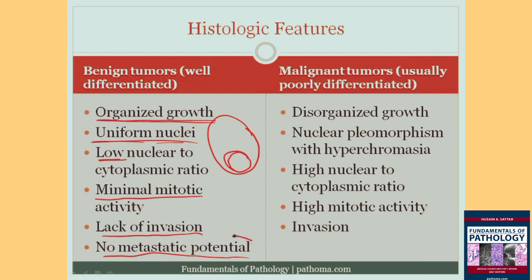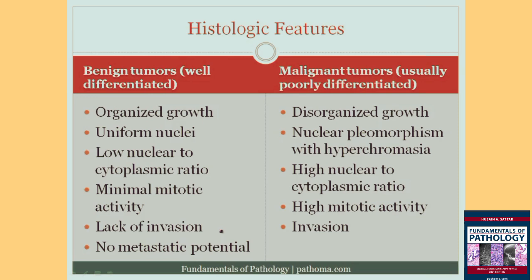And again, this word potential is important because when a biopsy is performed and I see a certain pattern and I call that, for example, a benign tumor, like in the breast, a fibroadenoma, I know that fibroadenomas don't metastasize historically in all the patients that have had fibroadenoma, and that's what makes it benign. And so it has no metastatic potential in the patient who's now developed a fibroadenoma as well. So those are some histologic features of benign tumors. The histologic features of malignant tumors are as follows.